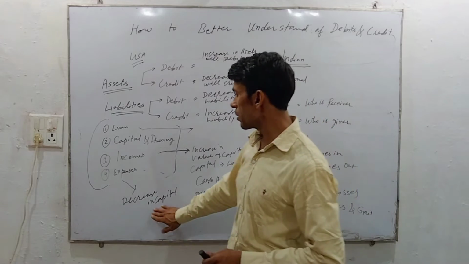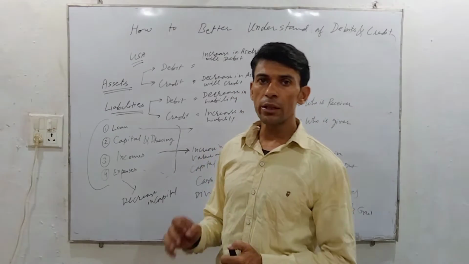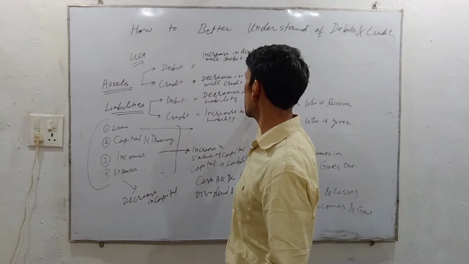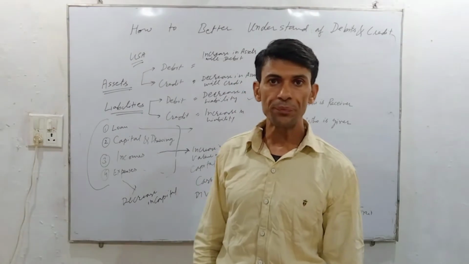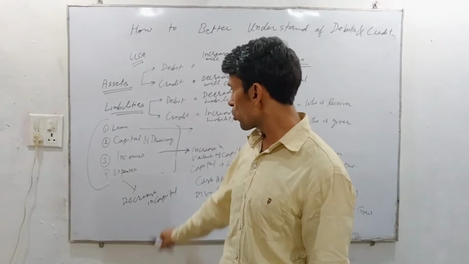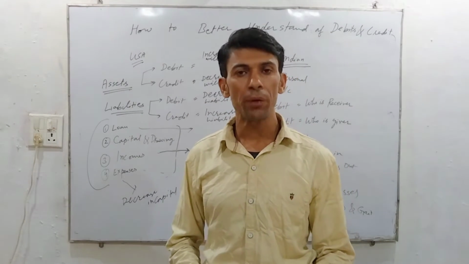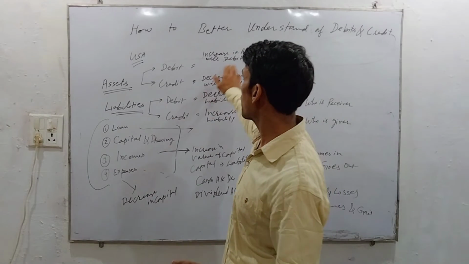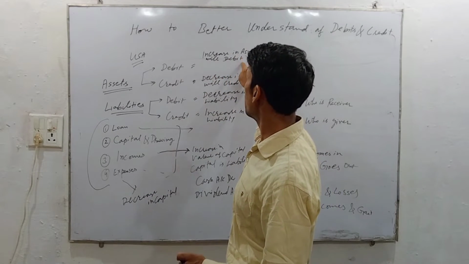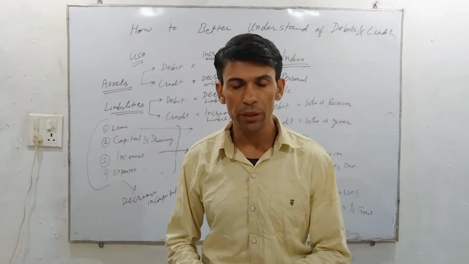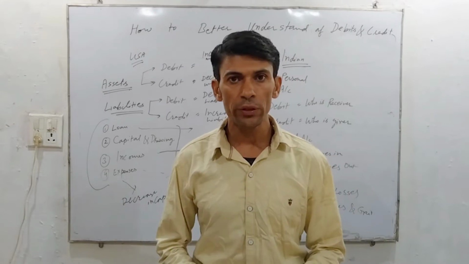So this is a decrease in the capital. Every decrease in the capital means a decrease in the liability, and a decrease in the liability must be debit. So expense account debit, and if we pay cash, the asset decreases, so a decrease in the asset will be credit. Expense account debit and cash account credit.